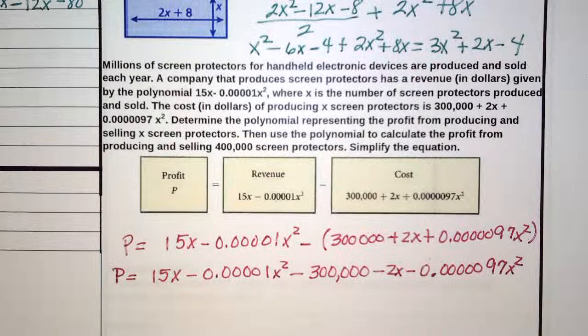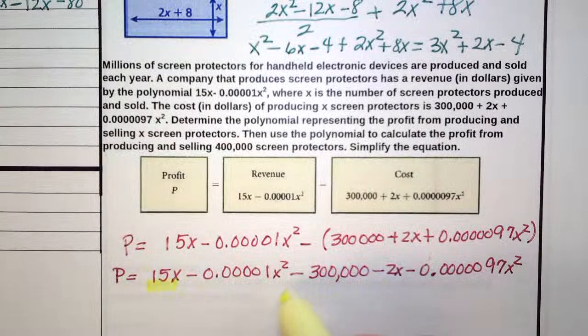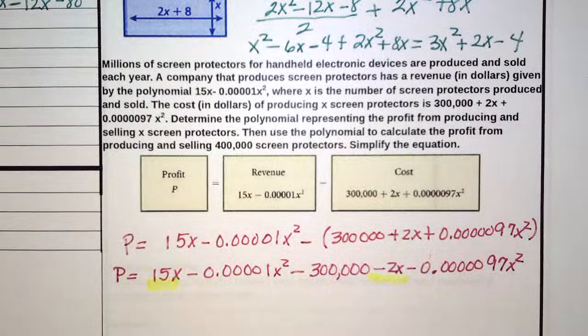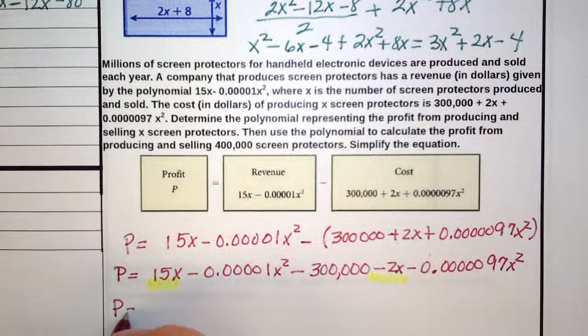Okay, let's combine our like terms. The first like terms are 15x minus 2x. So my profit is 15x minus 2x, 13x.